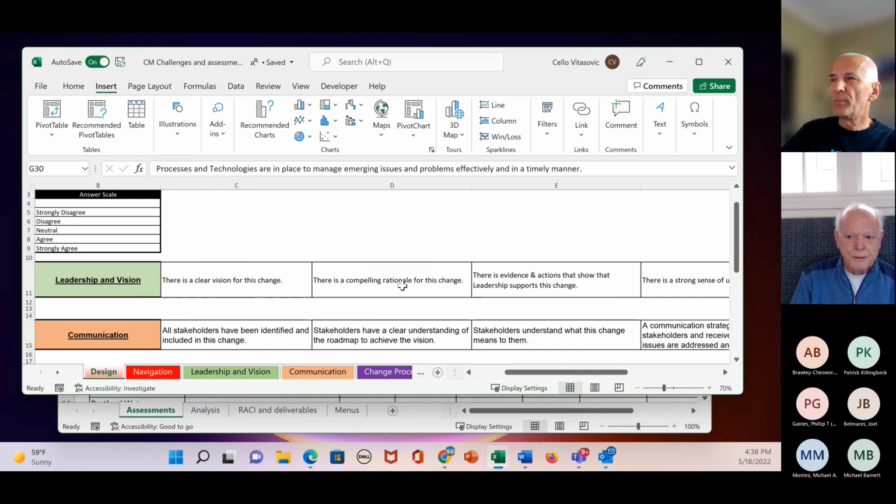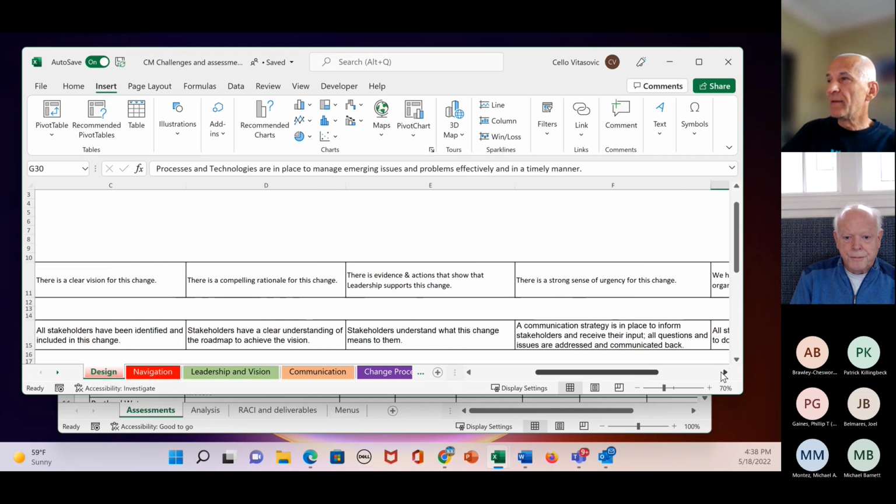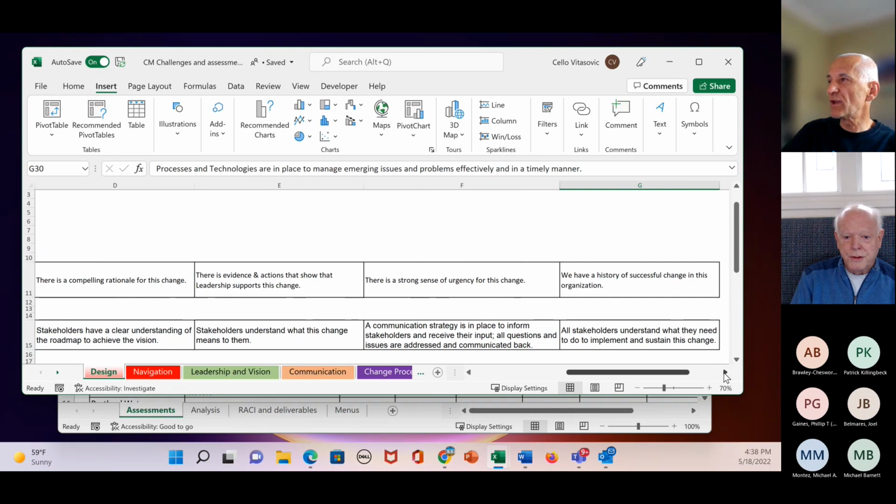Then there's a compelling rationale for this change. It's always for a specific change. There is evidence and actions that show that leadership supports this change. There is a strong sense of urgency for this change, and we have a history of successful change in this organization.